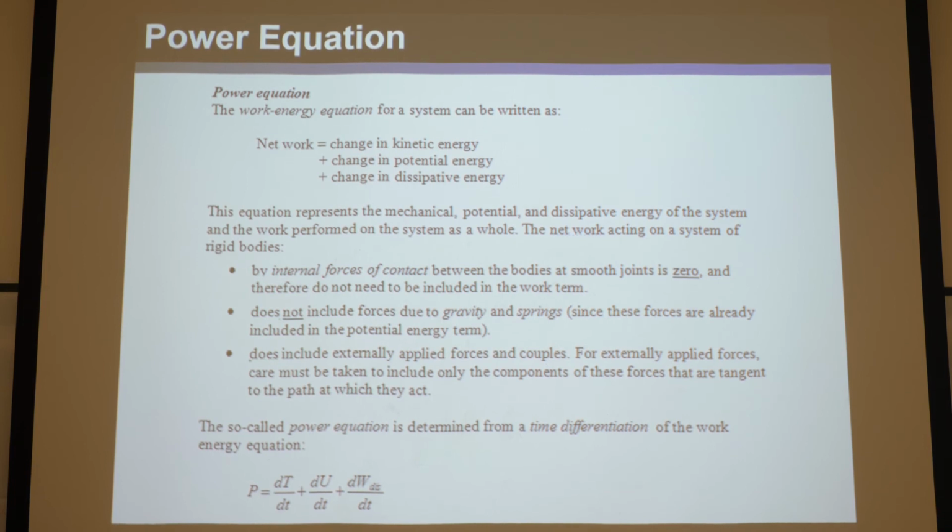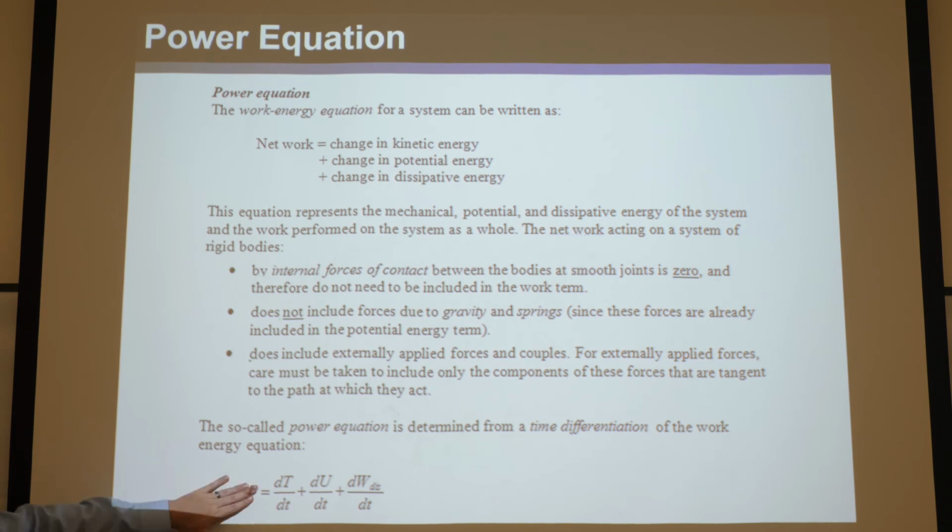Okay, the so-called power equation is determined from a time differentiation of the work energy equation. So if you just divide both sides by delta T, then, of course, the change in work divided by time is work per time, or joules per second, or of course Newton meters per second, which is basically force times velocity, right?